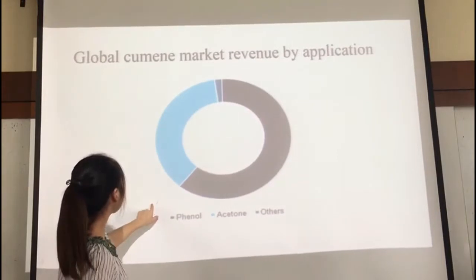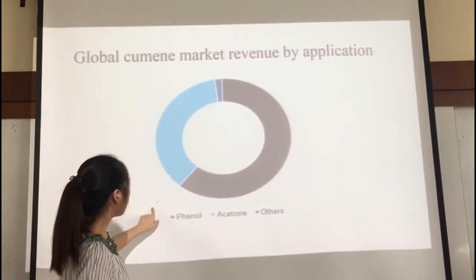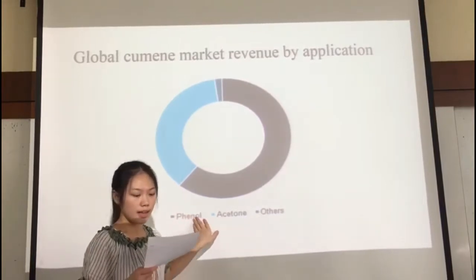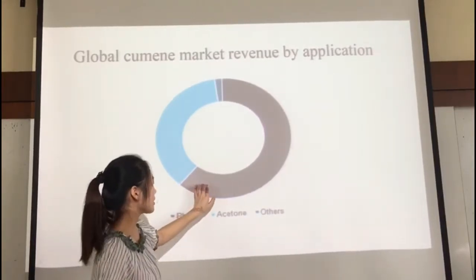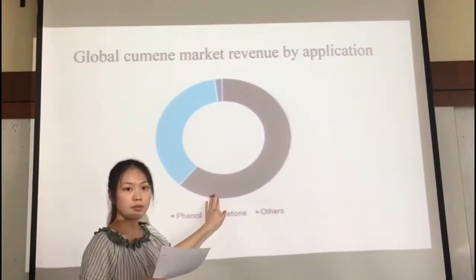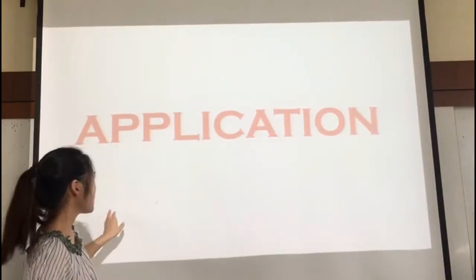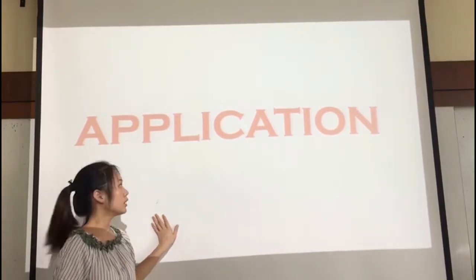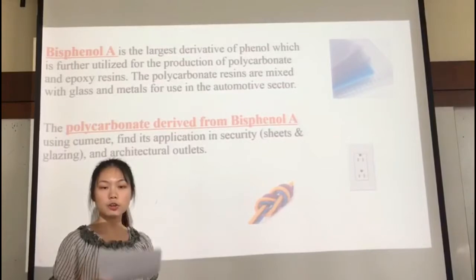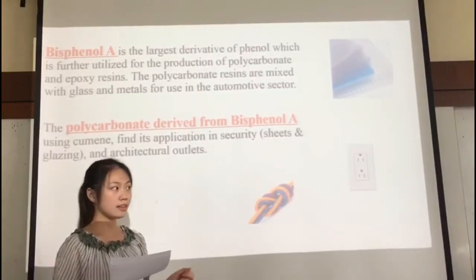From this figure, we can see that phenol is the largest application segment and accounted for over 61.4% of the total market revenue. This is the application for the cumene market. Cumene can be used to produce phenol, polycarbonate, and so on.